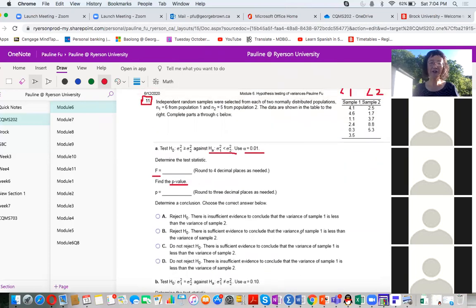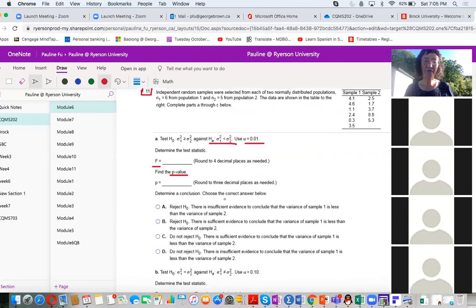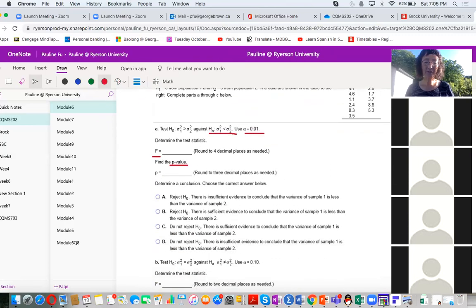So our conclusion is reject H0. So how do you interpret reject H0? There is sufficient. Right, there is sufficient evidence to conclude the variance of sample 1 is less than the variance of sample 2. Okay.